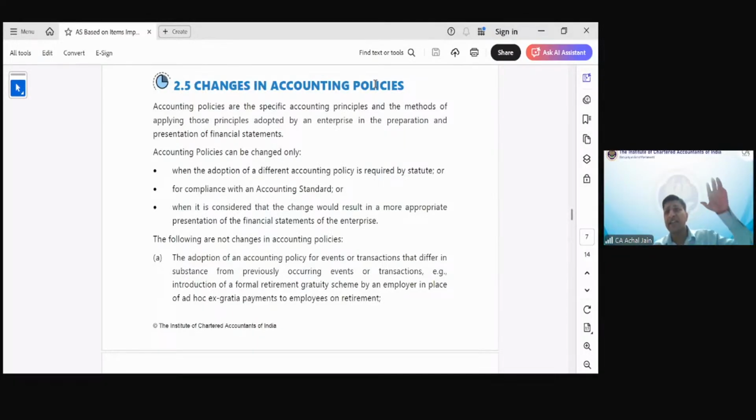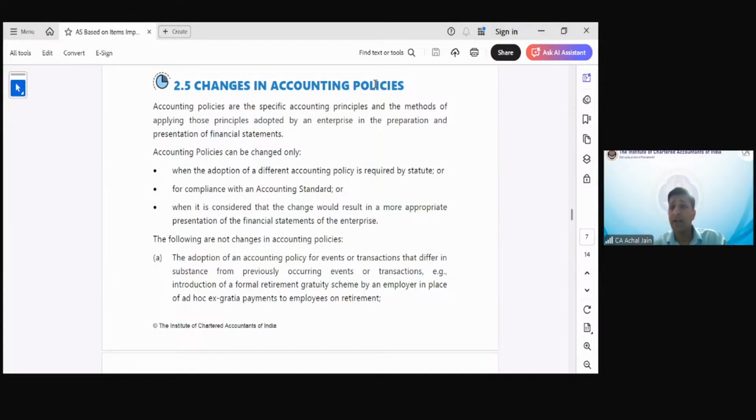Change means when an existing policy is changed for the similar type of transactions, for the similar type of contracts. Let's suppose you had some transactions in the previous year, and you have similar transactions in the current year. But the way you recorded those transactions in the previous year, now you want to change. That is what you call a change in accounting policy.